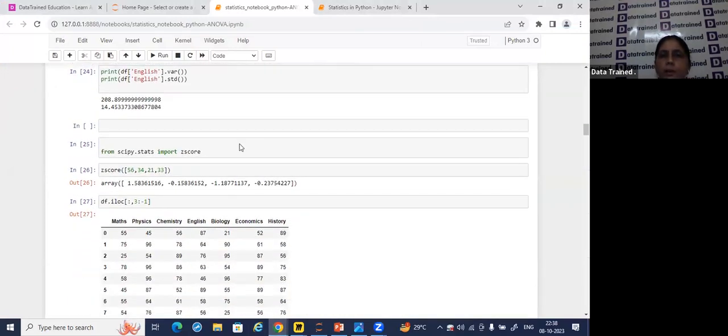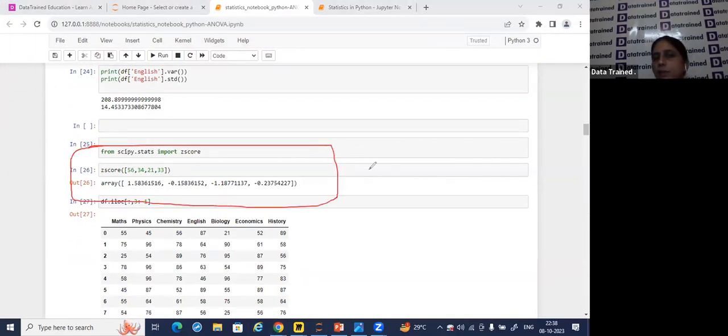This is one of the things I've shown you, how to work with the z-score. If I want to find the z-score of any value, I can simply write from scipy.stats import zscore, give any value, and find the z-score. These values coming out are the z-scores of this data.